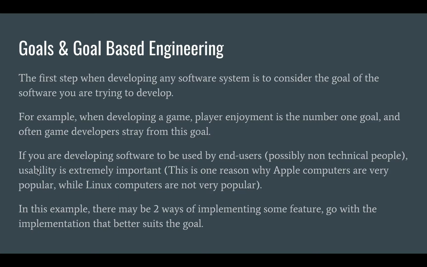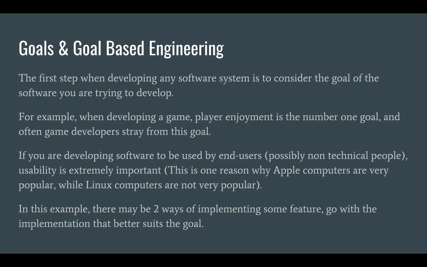And that's something that video games suffer from a lot, actually, is low portability. But to go back to this example, the goal should be very important. We should keep that in mind. So let's say you're developing a mobile app or a mobile game. Portability is pretty important because you want to be able to take that app and put it on many devices. So, there are at least iOS and Android.